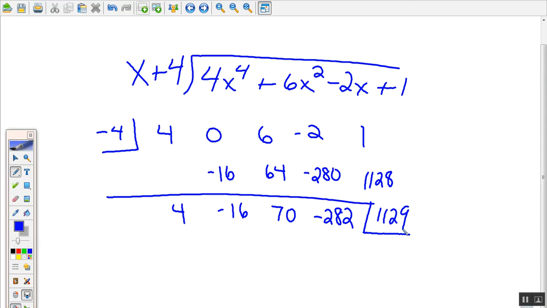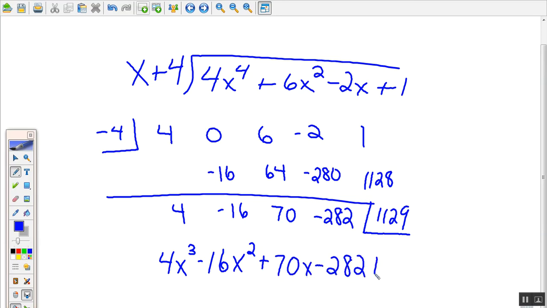Don't leave us. 4x cubed minus 16x squared plus 70x, oh no, minus 282 plus 1,129 over x plus 4. You got it, guys. Kids, that's some pretty upper level stuff right there today. But I tell you what, that concept is crucial.